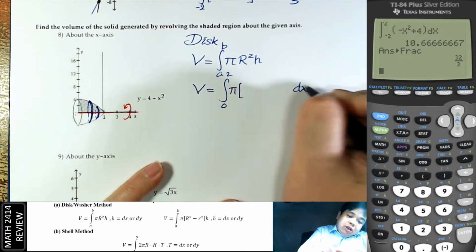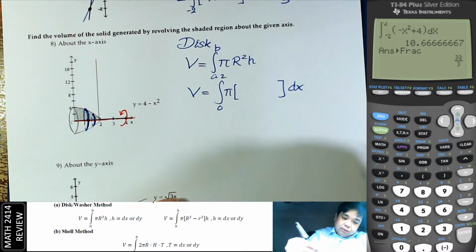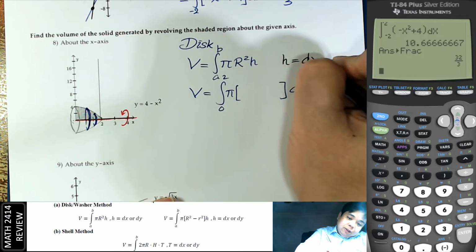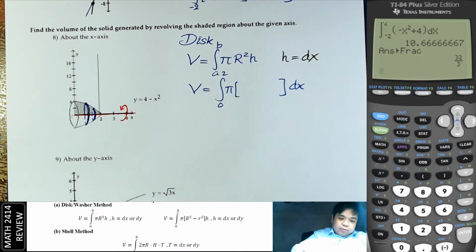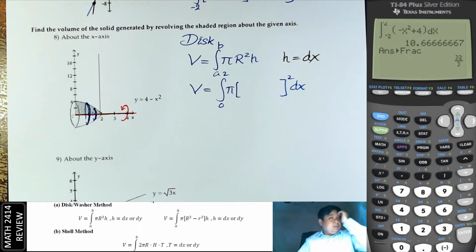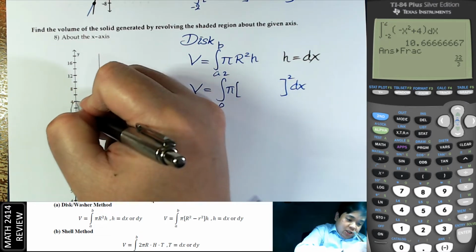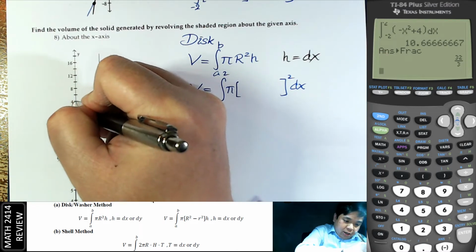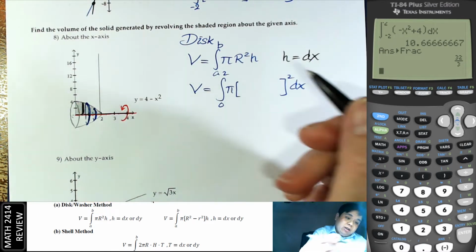Now we just need to determine what is r squared. Well, r is from the axis of rotation to the edge of the region, so that's just the function.